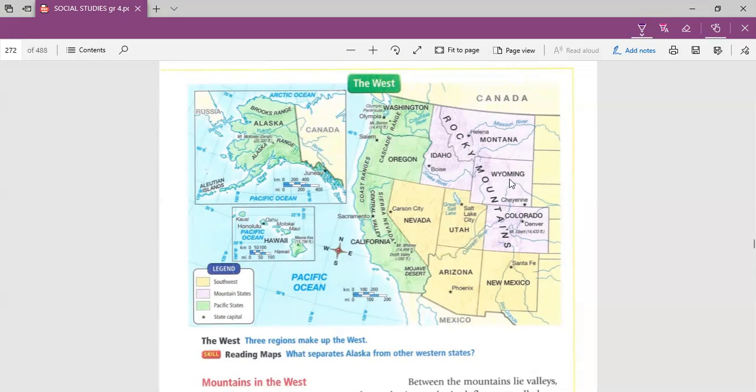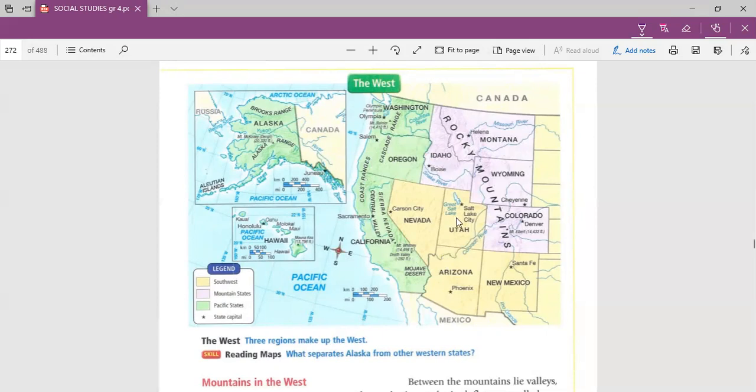The mountain states: here we could find one, two, three, four states. Montana, okay, Wyoming state, and Colorado state, and here is Idaho.